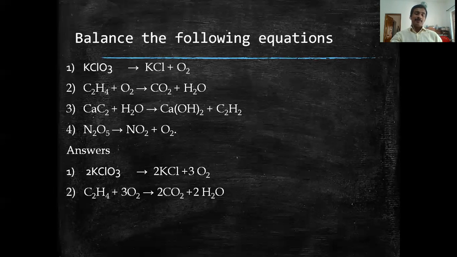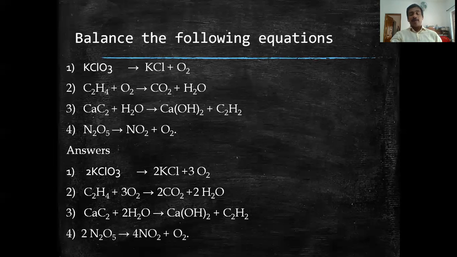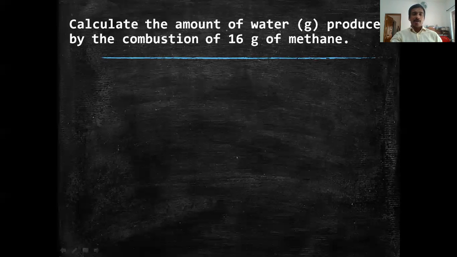Combustion, burning of C2H4, ethene in oxygen, balanced equation. Hydrolysis of calcium carbide, balanced chemical equation. Decomposition of N2O5, balanced chemical equation. You try more equations, then the balancing of chemical equations will be clear to you.